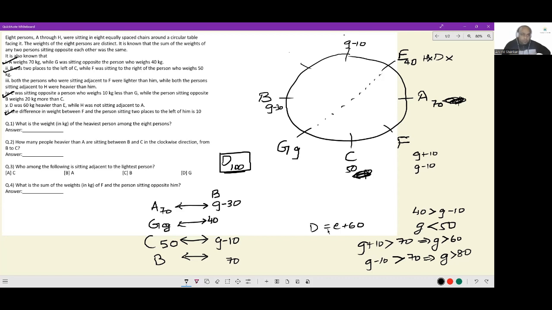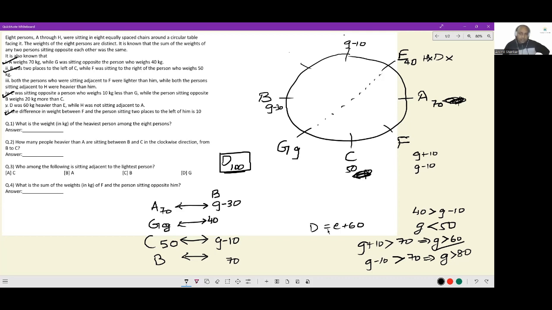Does not help. D was 60 kg heavier than E, while H was not sitting adjacent to A. If G has to be at least one of these two, G has to be greater than 60 at least.